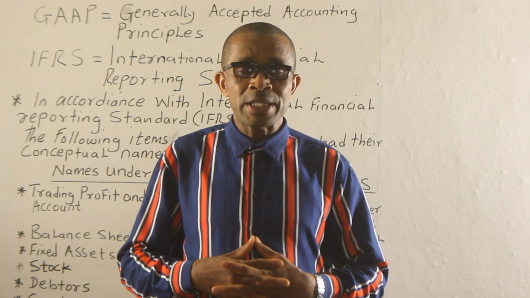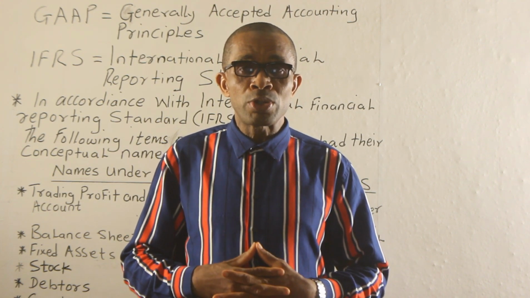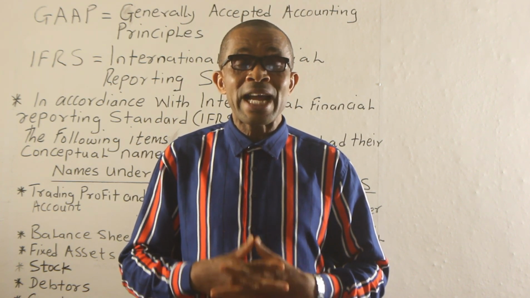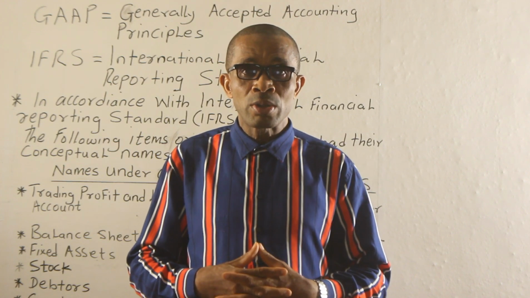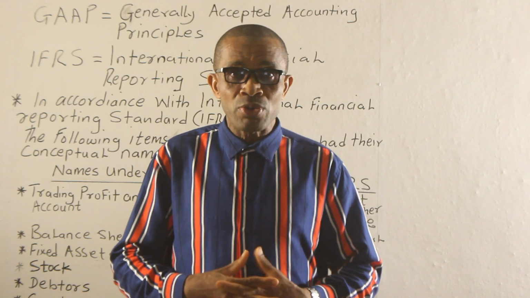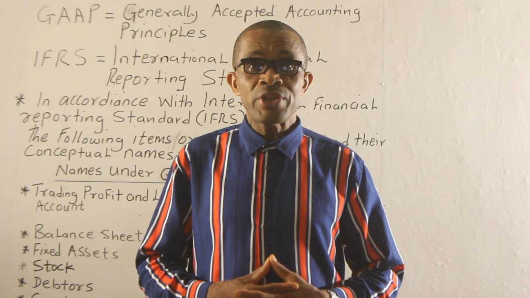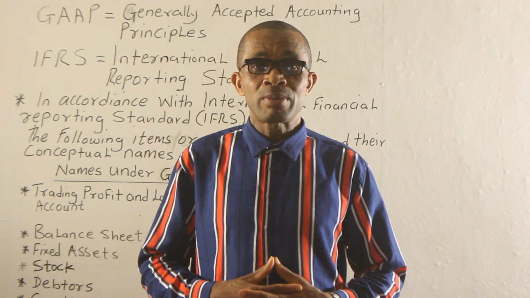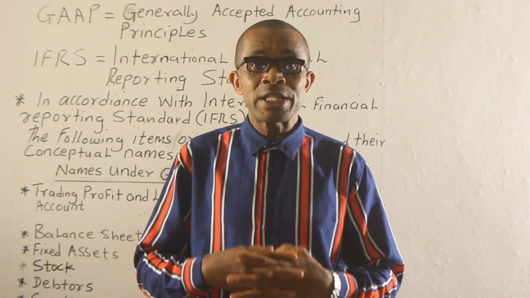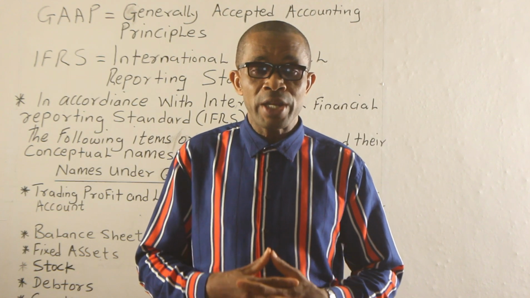So the question is, since IFRS sets common rules so that financial statements can be consistent, transparent, and comparable around the world, what is now the financial statement that they are setting these rules for? Financial statement simply means the trading profit or loss account, now changed by IFRS as the statement of profit or loss account and other comprehensive income.